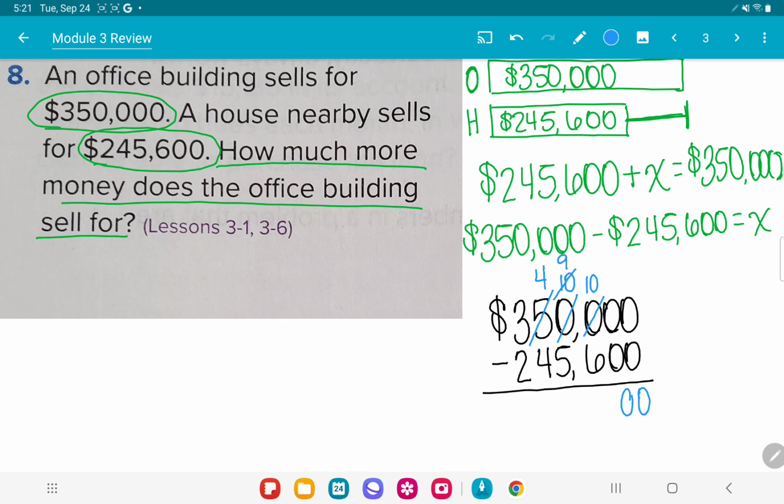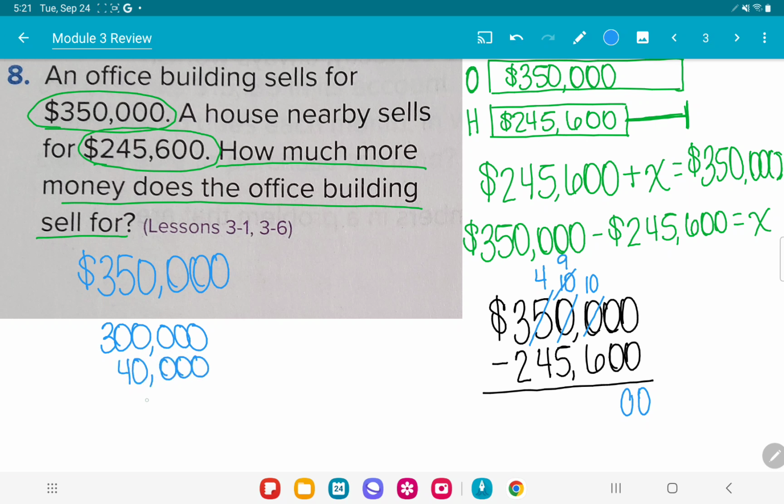The amount that we started with, the amount that the office building sold for, was $350,000. I've done some regrouping here. We still have 300,000s. Now I have 4 10,000s, which has a value of 40,000. Have 9 thousands, 10 hundreds, no tens and no ones.